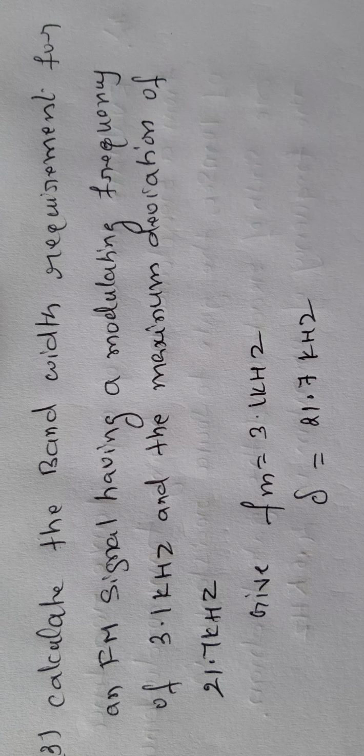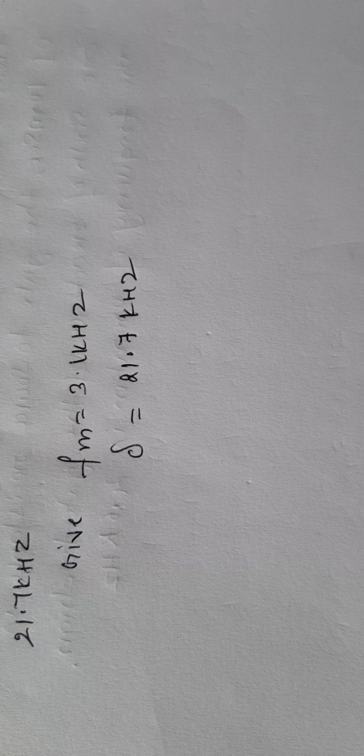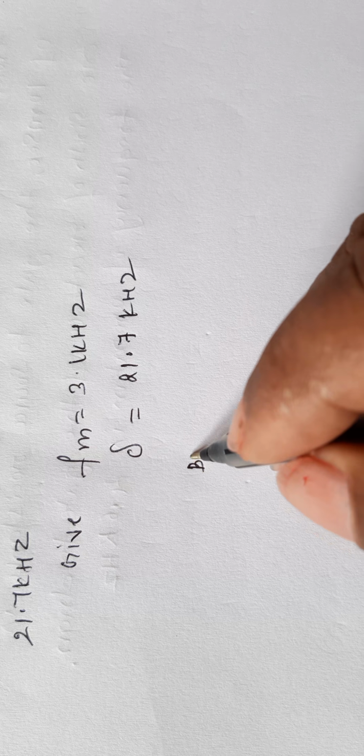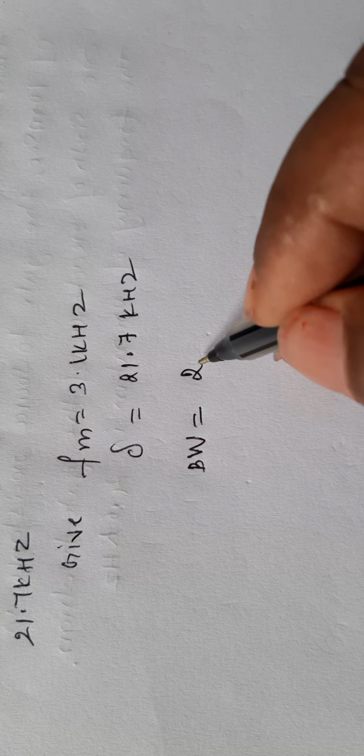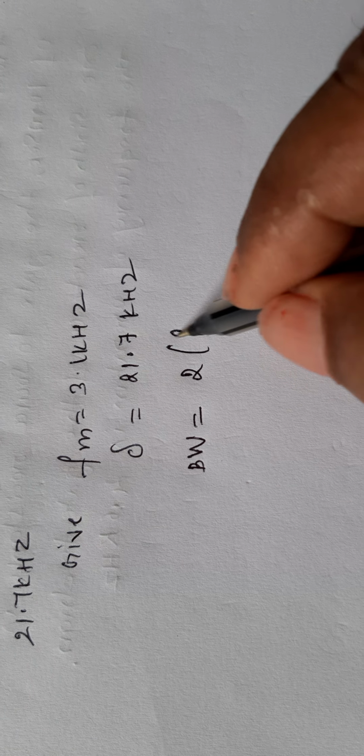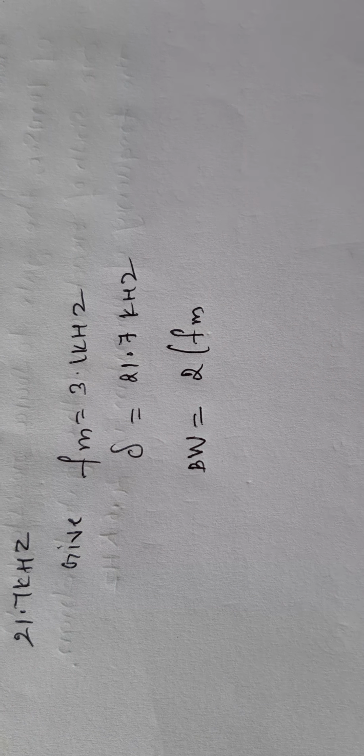There are two methods, but I will simplify this using the simplest method that we have already discussed in frequency spectrum, where the bandwidth of the frequency modulated wave W is equal to, for AM modulation, simply 2 FM.